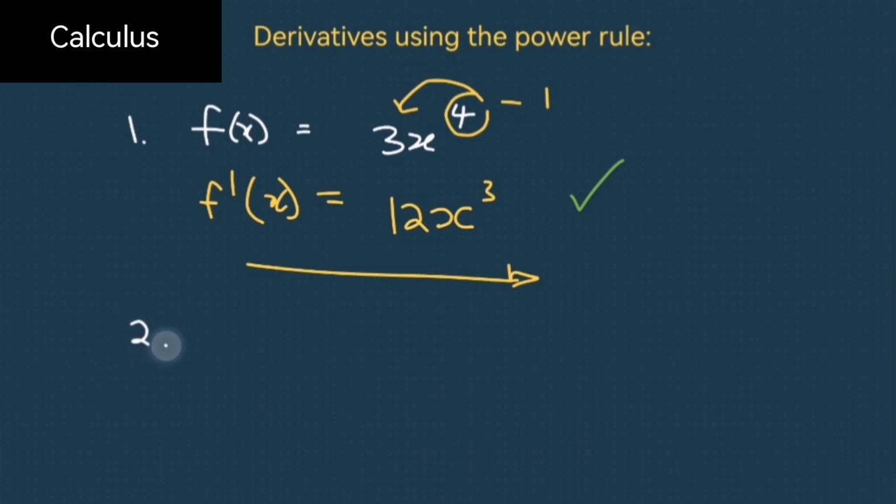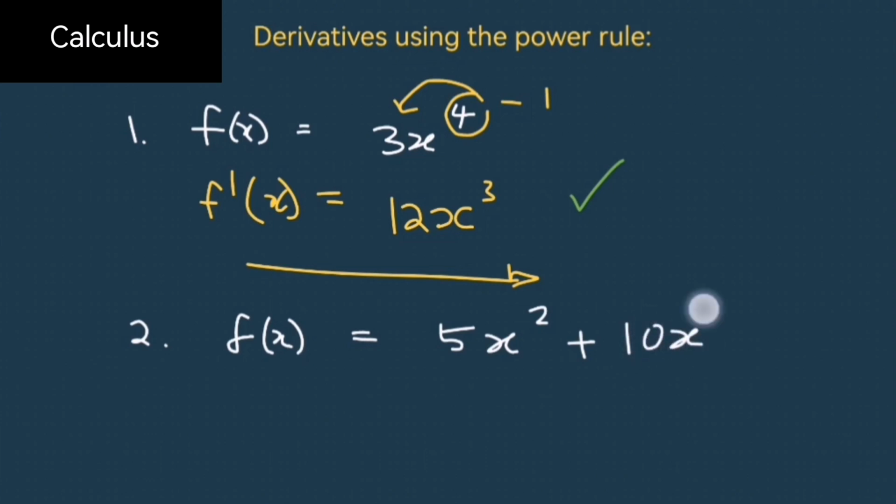We can even have a look at a second example. Again, I'm giving you the function f of x, and that is 5x squared plus 10x to the power of 7. This function has two terms, but when you find the derivative, we take the same process. Remember, you want to take the exponent, multiply it in front, decrease the exponent by 1.